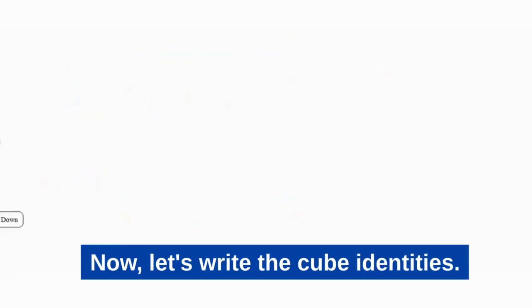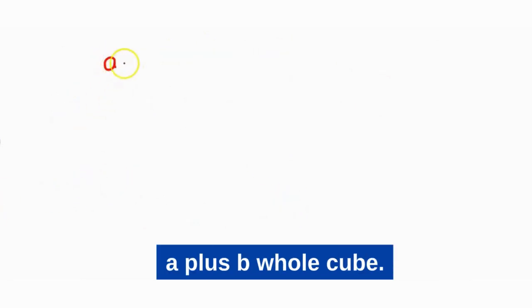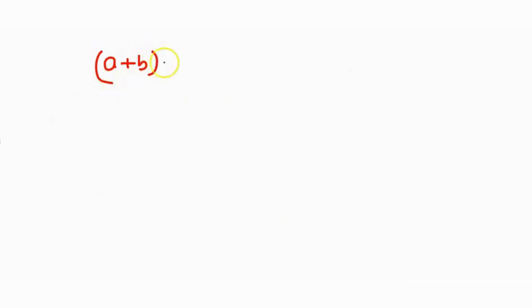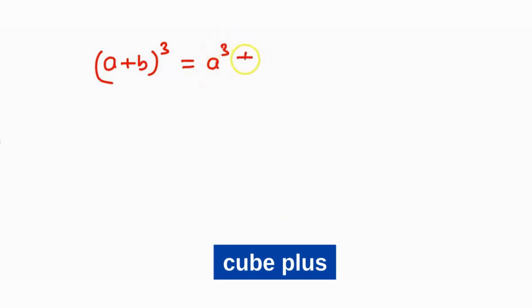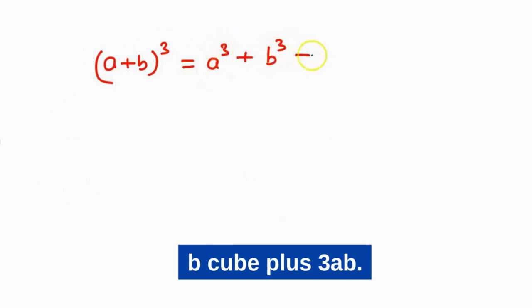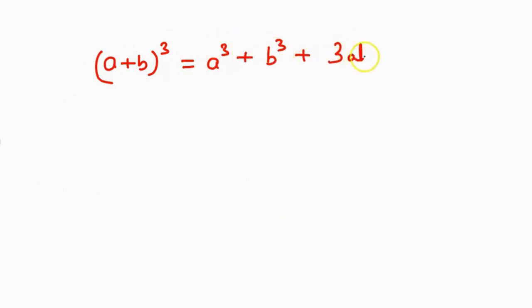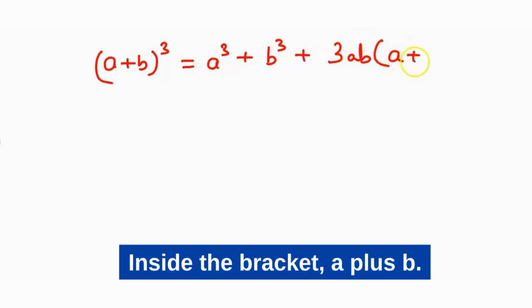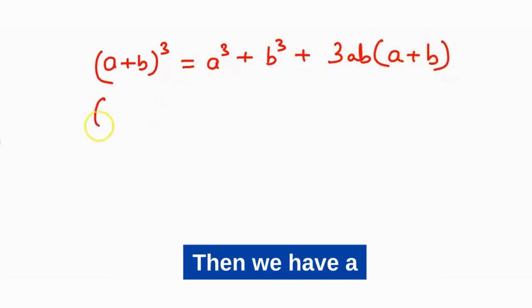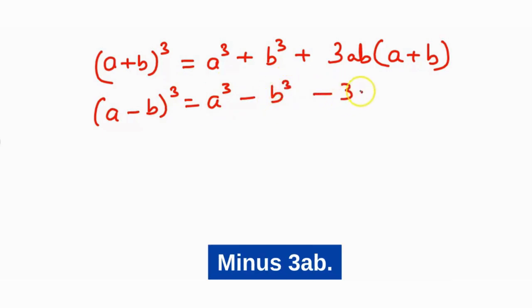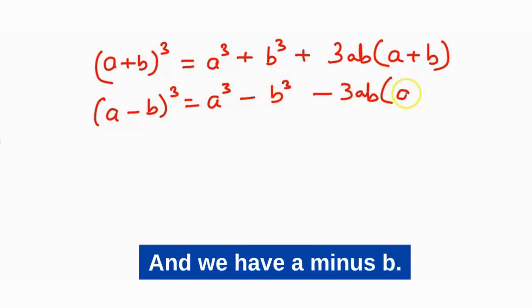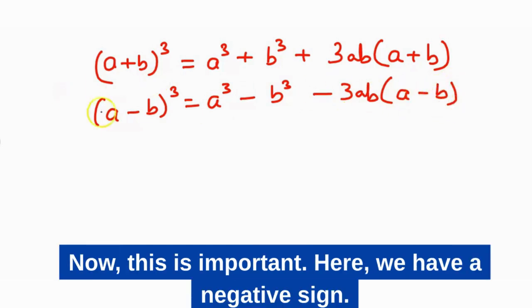Now let's write the cube identities. First of all, A plus B whole cube is equal to A cube plus B cube plus 3AB, inside the bracket A plus B. Then we have A minus B whole cube, that is equal to A cube minus B cube minus 3AB, and we have A minus B. Now this is important.